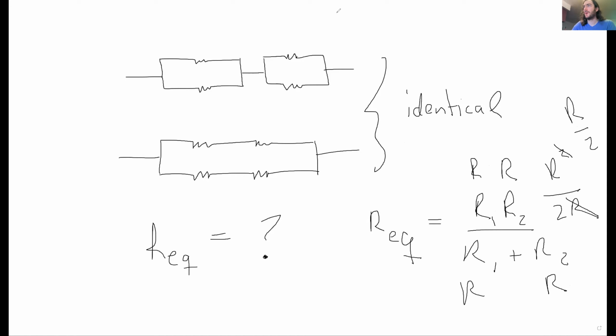Yeah. Yes. Let me give you guys one of the harder combinations to figure out. I take a resistor and put it in parallel with a resistor and another little parallel combination right here.